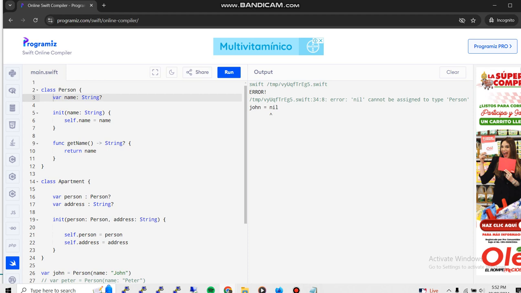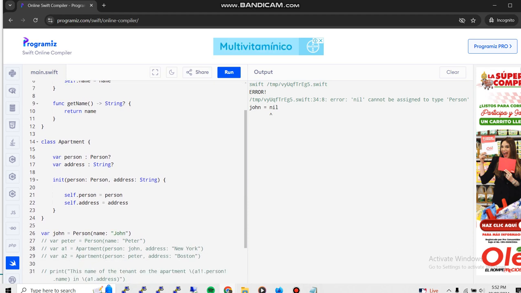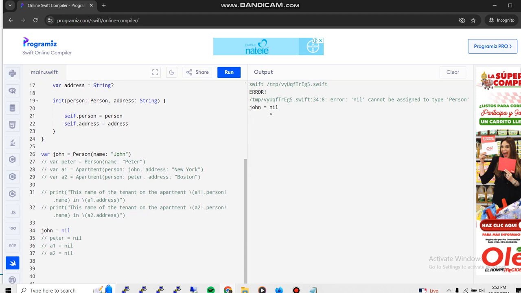It says cannot be nil to person type, right? So here is the point. The point is that we need to remove the references, and we need to put values, for a specific reason.